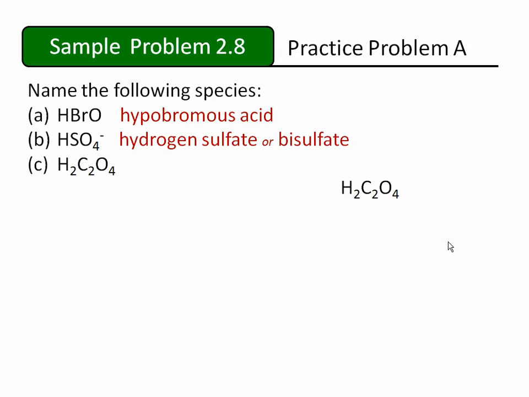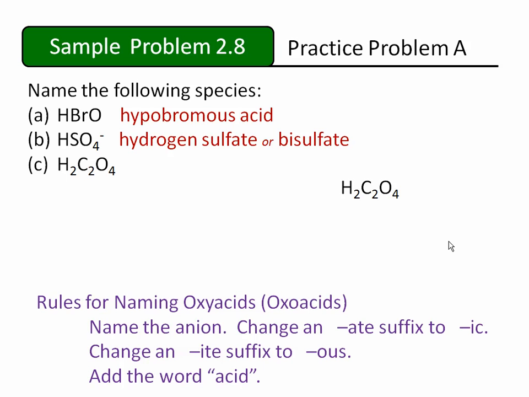Finally, we'll name H2C2O4, another acid. This is an oxyacid, so we will need those rules that we used for letter A. The anion in this acid is C2O4 with a charge of -2.